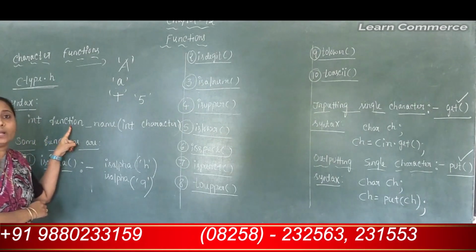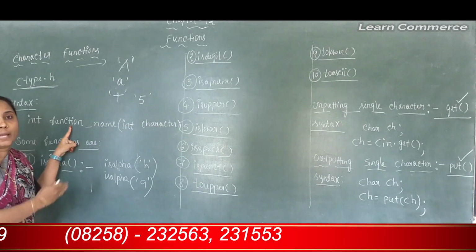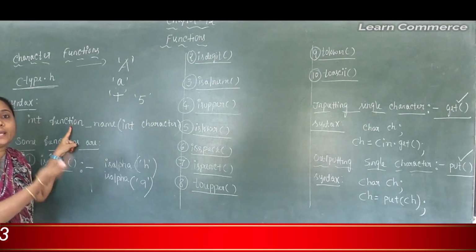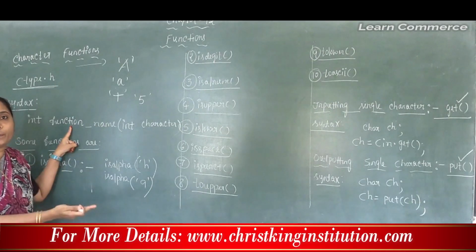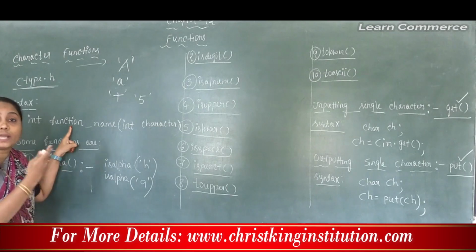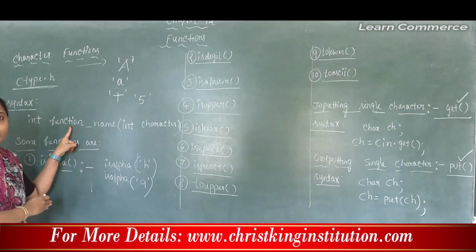And next, the function name. Many types of functions are there in our character function. Maybe isupper, islower, toupper, tolower, or isdigit, isalnum. So many character functions are there.